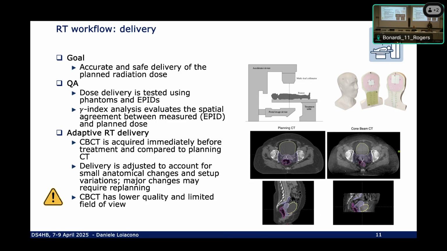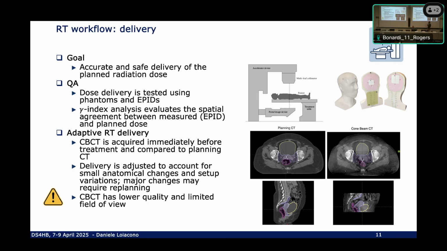The first one is a quality assurance activity, where we try to make sure that the planned dose distribution is accurate with respect to the actual dose that will be delivered. This is done by having a dry run without the patient, measuring the dose distribution and making sure that the measured dose distribution really agrees with the planned dose.